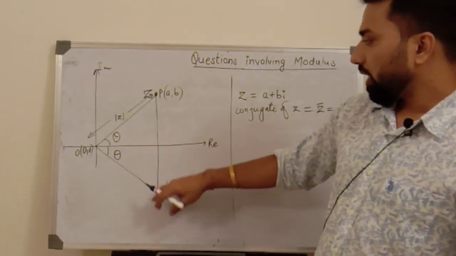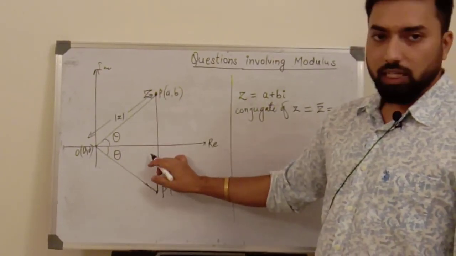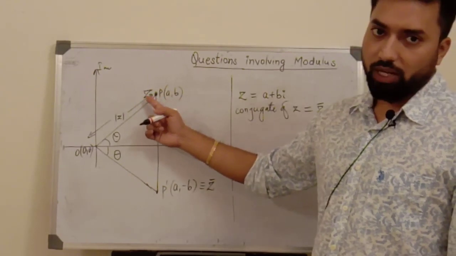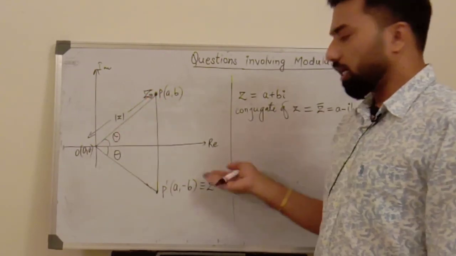The original complex number z was a plus ib, and its conjugate z bar is a minus ib. The significance of the conjugate is that it is basically the image of the given complex number about the real axis.